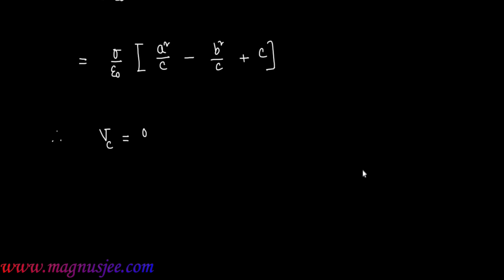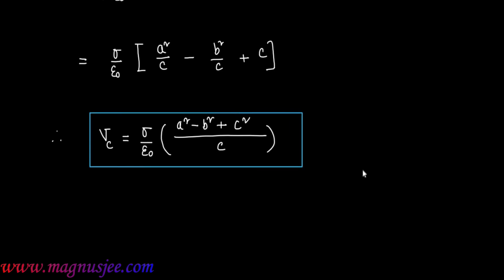Therefore Vc equals sigma by epsilon 0 under bracket a square minus b square plus c square, whole divided by C.